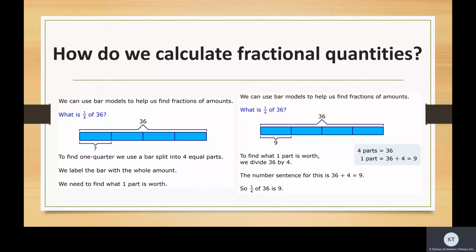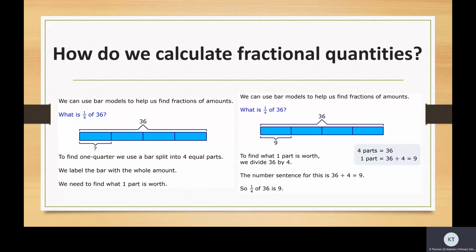But my first job is to find out what 1/4 of 36 is. So I know that I have to split my bar into 4 equal parts. And I then need to label the bar with the whole amount. And I need to find out what one part is worth. Let's look at the picture on the right of the screen.